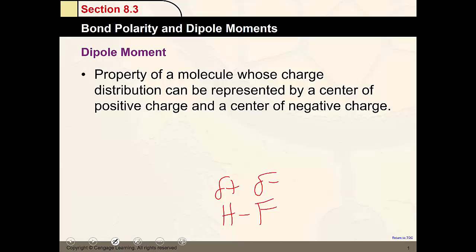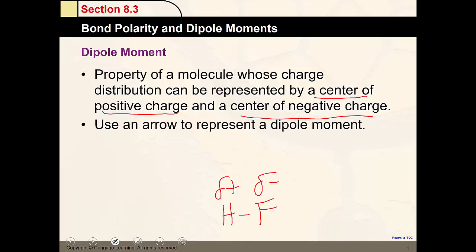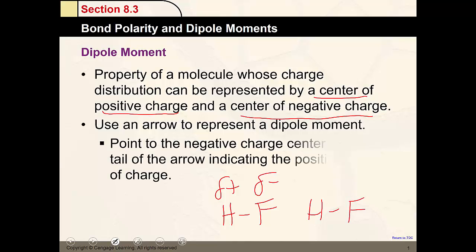There's a center of positive charge, in this case around the hydrogen, and a center of negative charge, around fluorine. So what we also do is we use an arrow to represent dipole moment. If we draw the molecule HF again, we point the arrow to the negative charge center, and then the tail of the arrow indicates the positive center of charge.